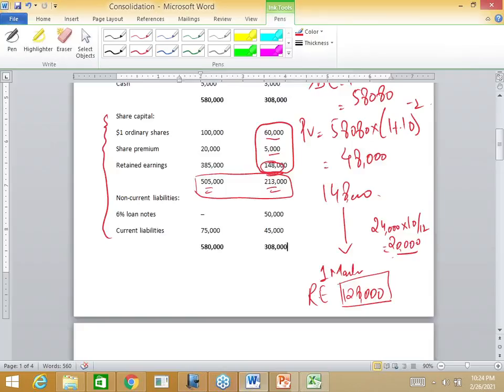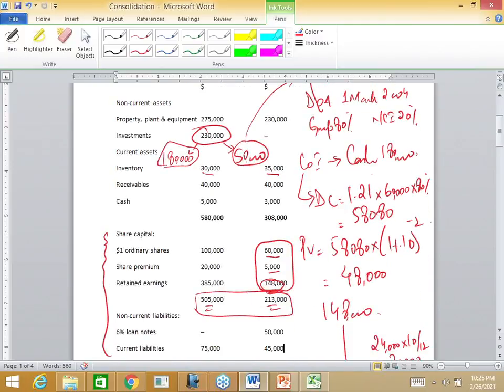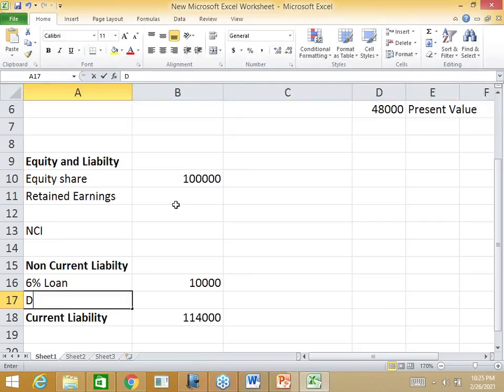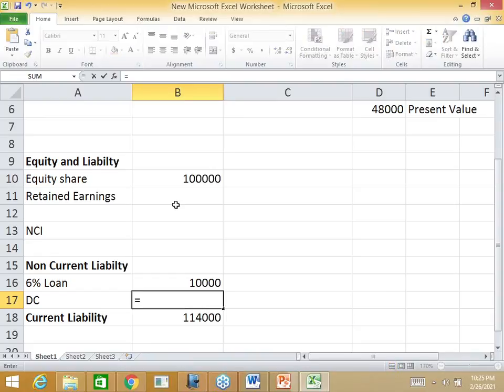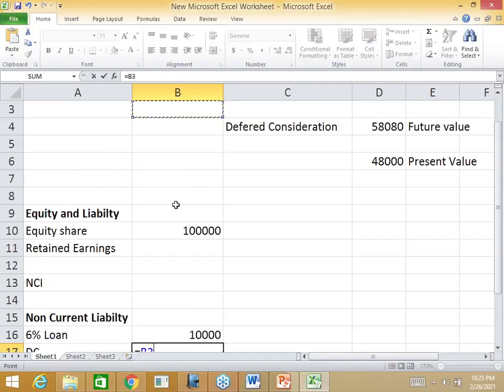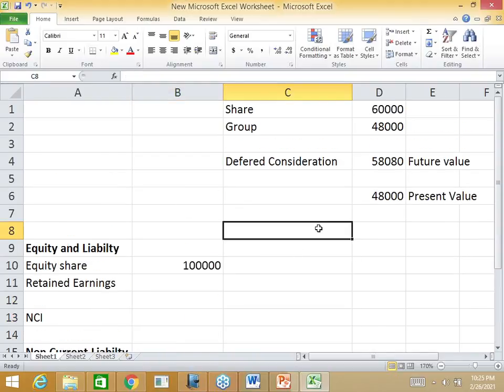We also need to report the deferred consideration, which was 48,000 plus 2,000 unwinding of discount. Or you can also give the reference from your working, that is 48,000 plus 2,000 unwinding of discount.